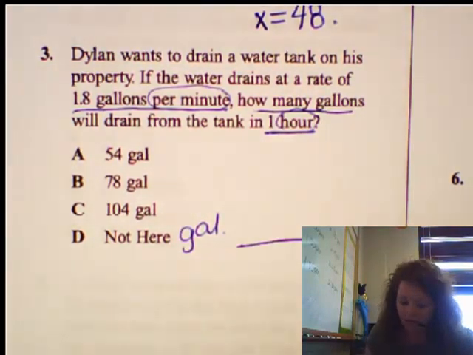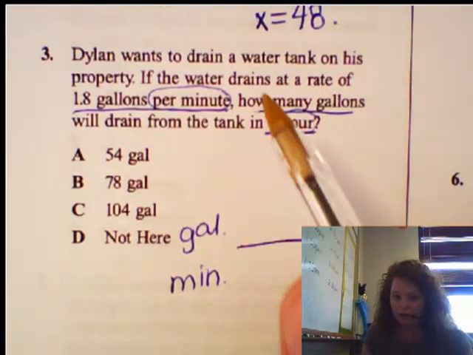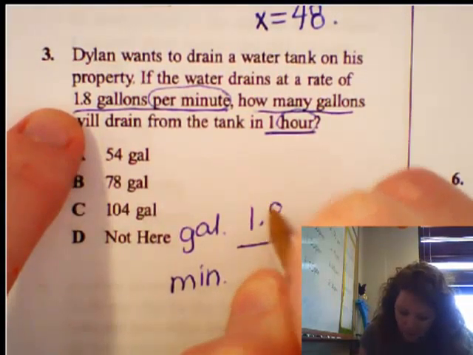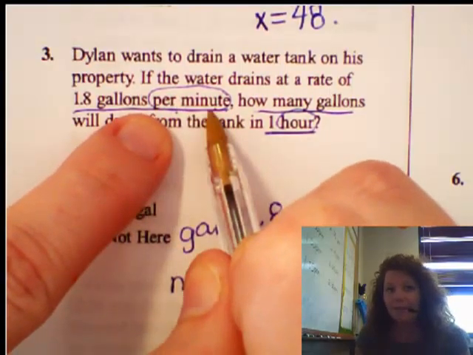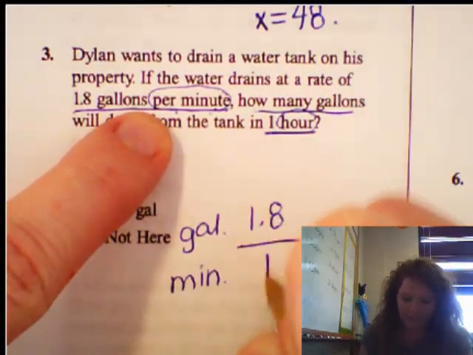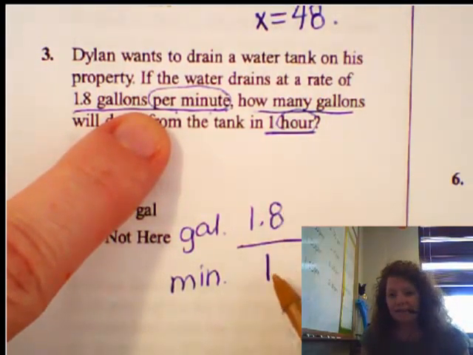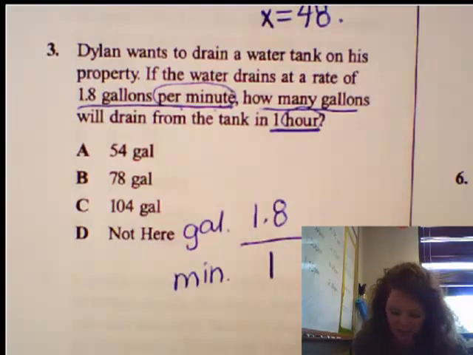And really, for the numbers, let's do gallons to minutes, and you'll see why in just a second. We know that 1.8 gallons drains per minute. What does per minute mean? How many minutes is that? 1 minute. And so that's why it makes more sense to do 1.8 gallons per minute rather than to have the bottom be hours.